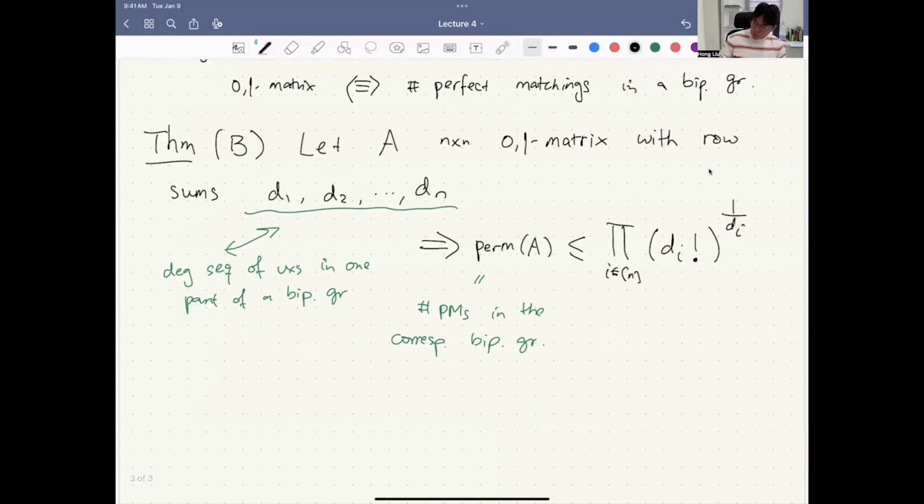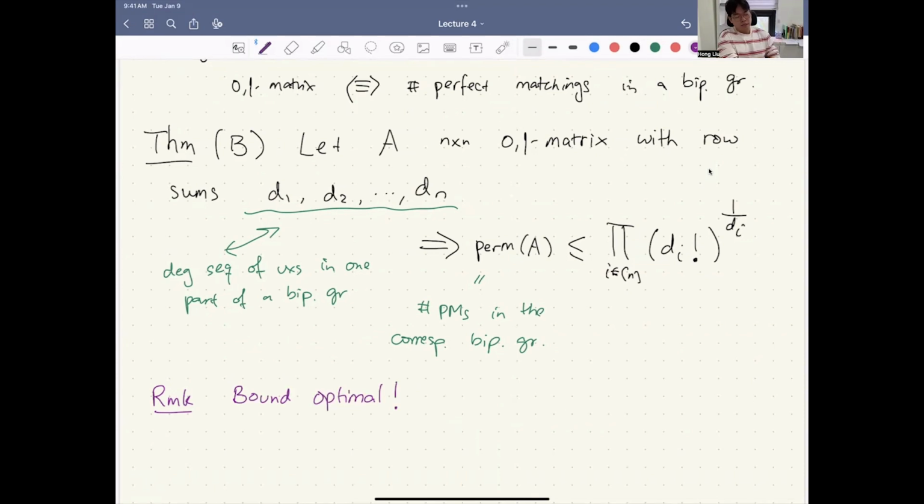So I'll remark this bound is optimal. Why?